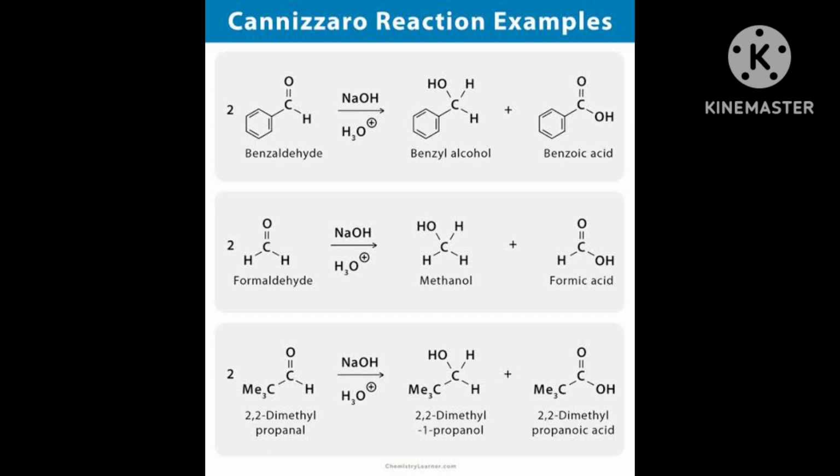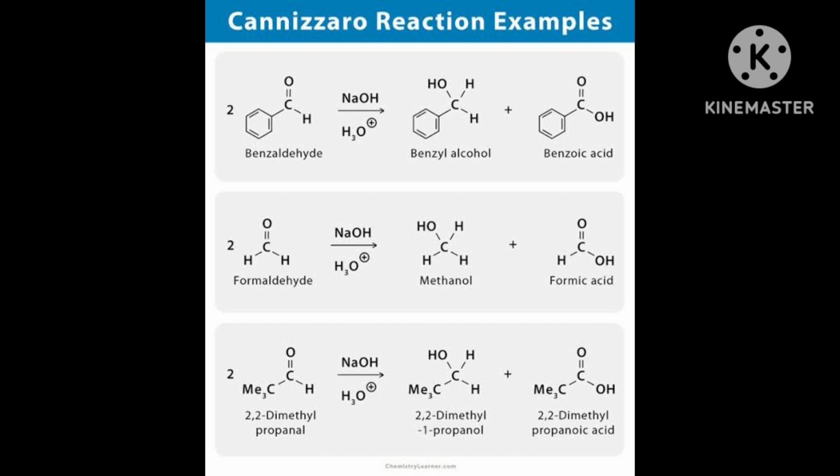In the presence of concentrated KOH or NaOH, it will give two products: methanol plus potassium formate. If KOH is there, it gives methanol plus potassium formate, CH3OH plus HCOOK. COO is the formate, and with K attached it is called potassium formate.